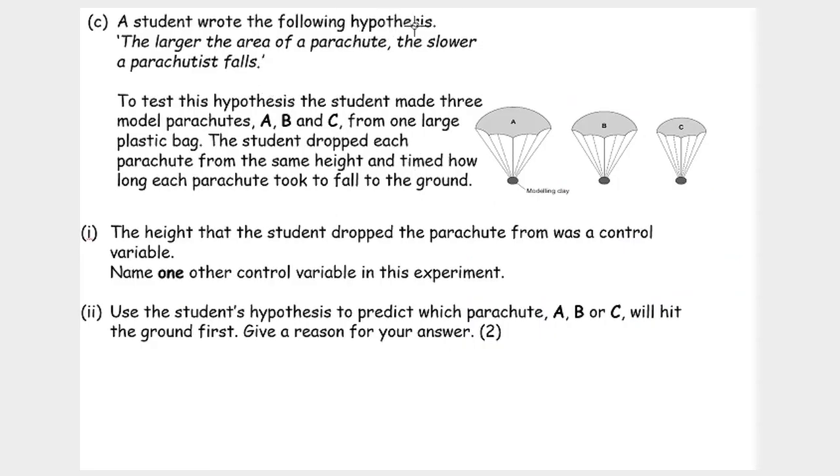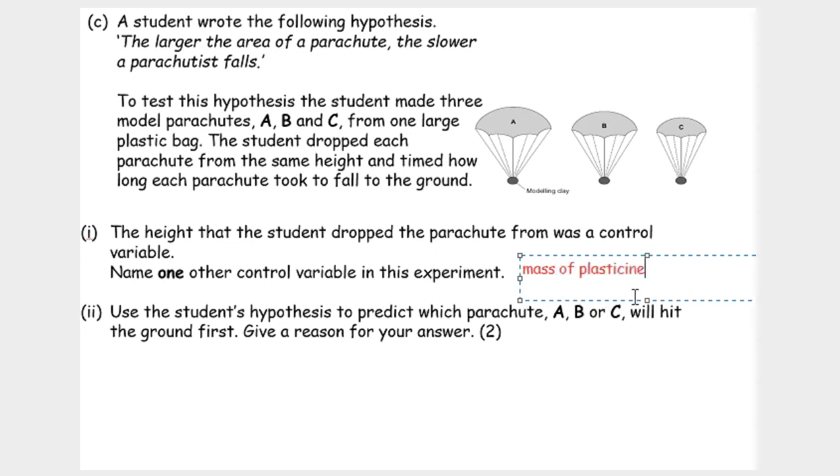We've got a hypothesis here that the larger the area of a parachute, the slower the parachutist falls. And we're told here how this was going to be tested. The height that the students dropped the parachute from was a control variable. Name one other control variable in the experiment, where the most obvious of those would be the mass of plasticine.